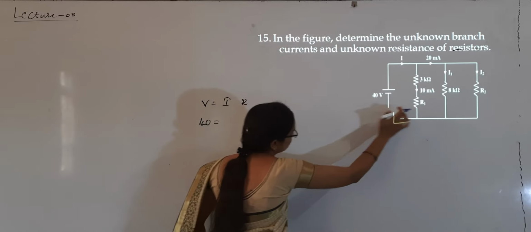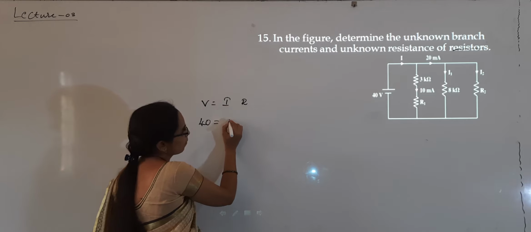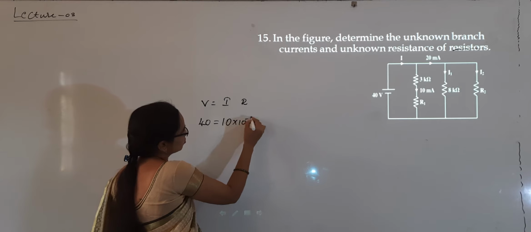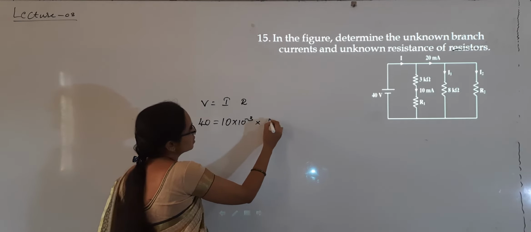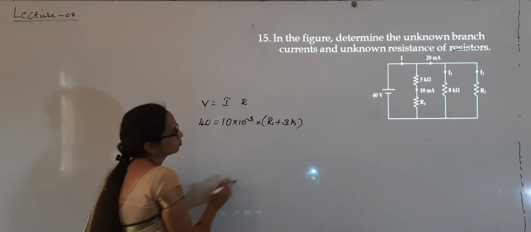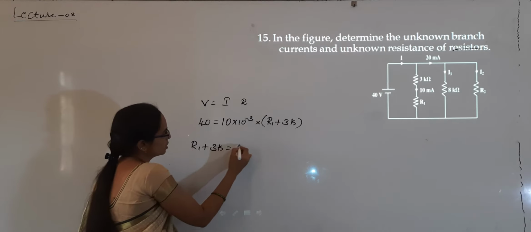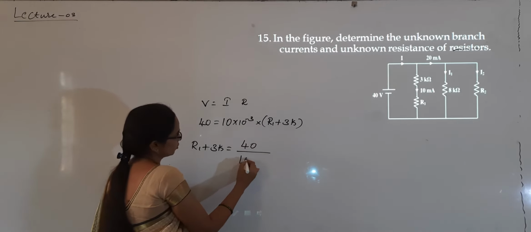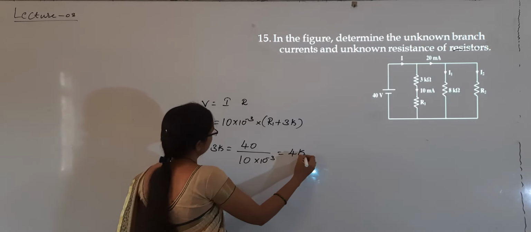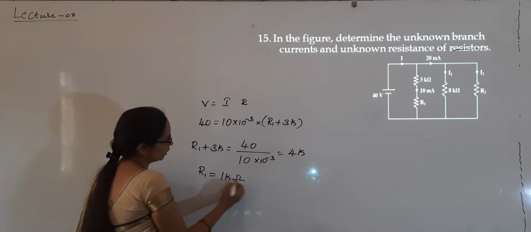Current flowing in the first branch is 10 milliamperes, into resistance, which will be R1 plus 3 kilo ohm. So R1 plus 3 kilo is equal to 40 divided by 10 milli, that is 4 kilo. Therefore R1 is equal to 1 kilo ohm.